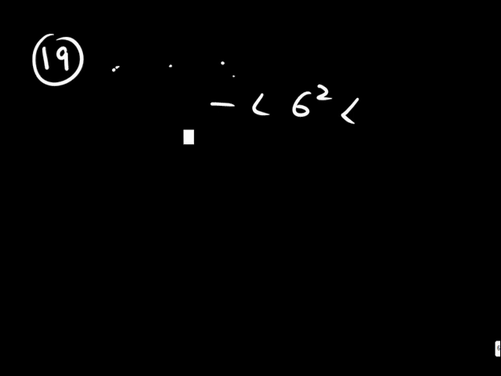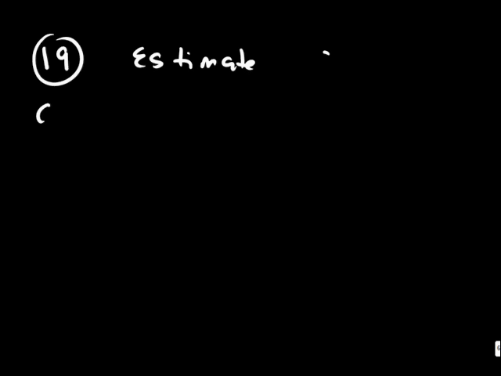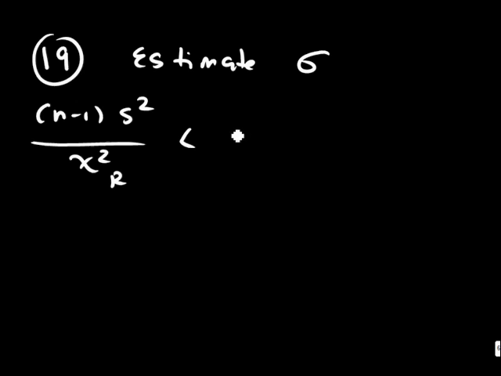And whatever answers we get, we will take the square root and estimate the standard deviation. n minus 1 s squared over chi squared R less than sigma squared, this is the true variance, less than n minus 1 s squared over chi squared L. This is our estimation format.